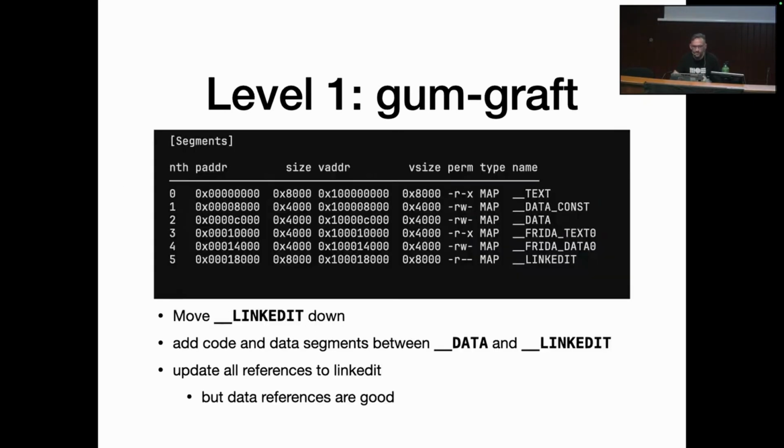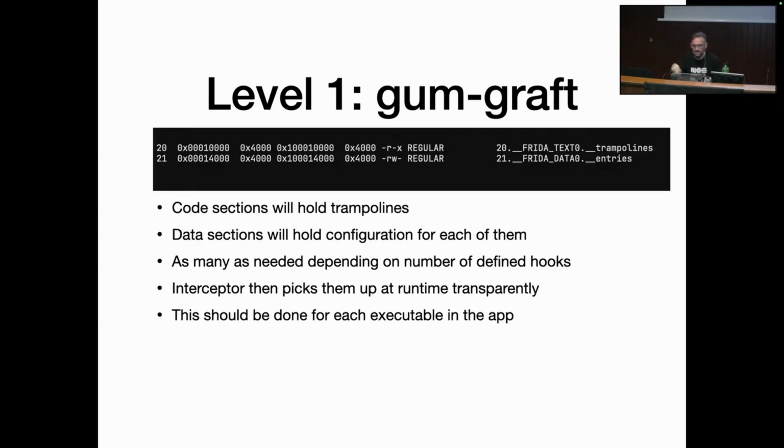So yeah, it works like this. By adding segments at the end of the binary before linkedit, in this way the text to data references are fixed. We just have to update the references to linkedit, and these segments will contain the trampolines and the configuration needed for them, much like libffi works at runtime, pretty much we do this at static time, ahead of time.